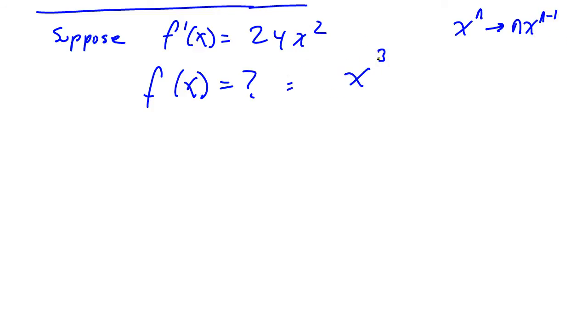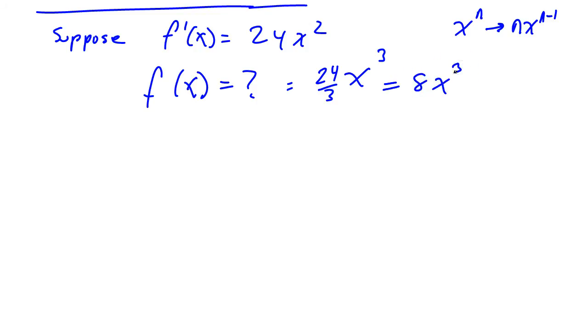And the coefficient out in front is the power that came down. When I take this derivative, a 3 is going to pop out in front, so the 24 must have a factor of 3 in it somewhere. What's 24? 8 times 3. So if I take that 24 and divide it by 3, then this should be 8x cubed.